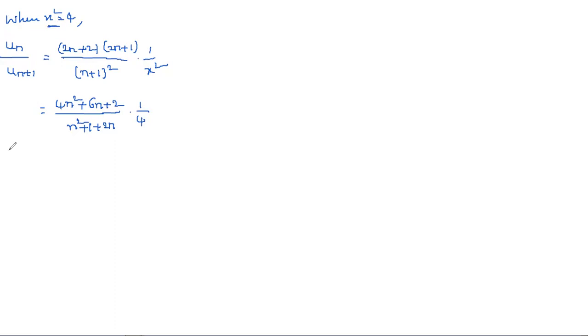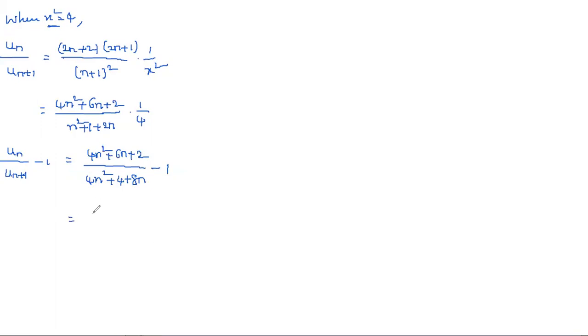Now we are going to apply Raabe's test. So that is nothing but un by un+1 minus 1 is equal to, so take the LCM for this. So 1 by 4, (4n square plus 6n plus 2) by, so you can multiply 4 inside the terms, 4n square plus 4 plus 8n, minus 1. Now you take the LCM.